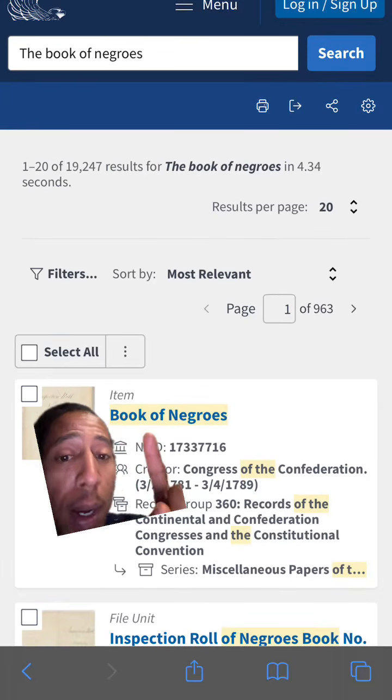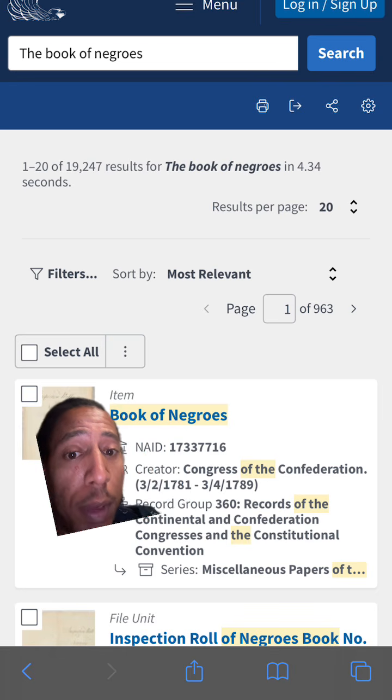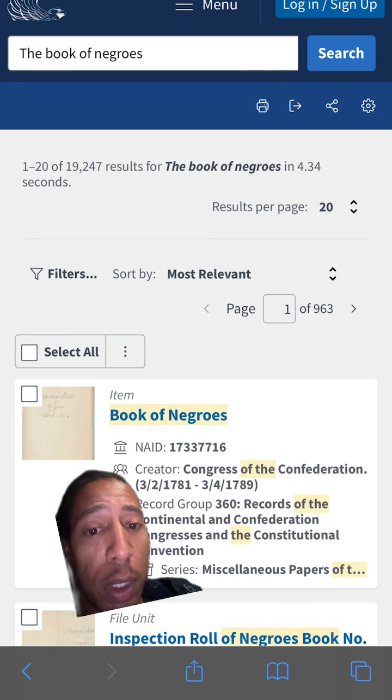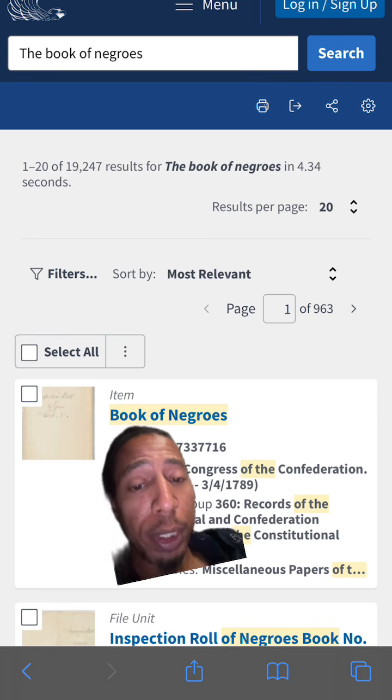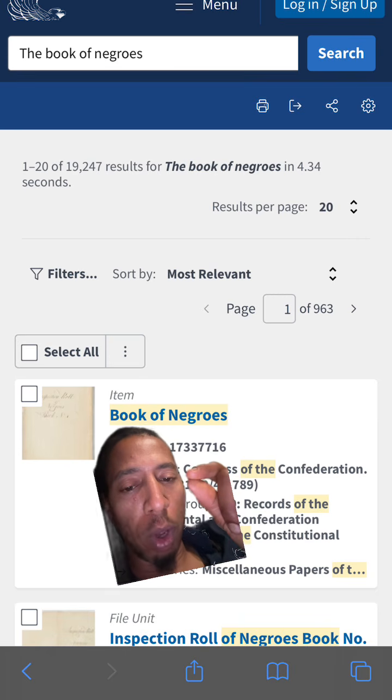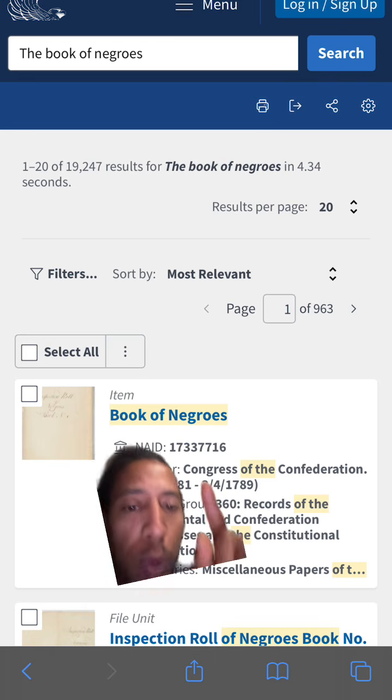And don't forget, I told you all there's the Book of Negroes. That was 3,000 Negroes who were shipped back to Europe, or a lot of them to Nova Scotia, but they were Negroes from Europe.